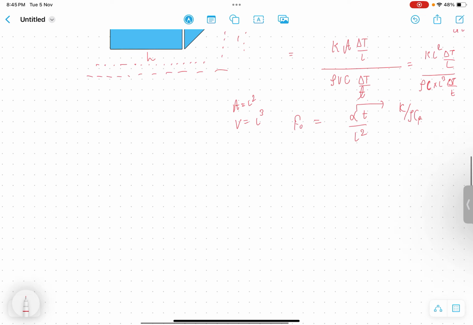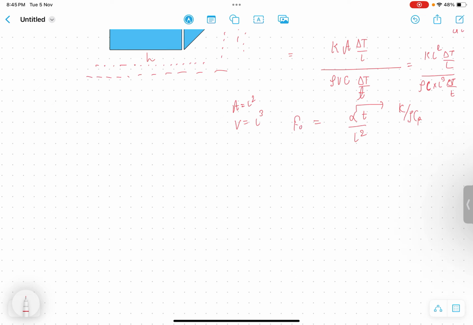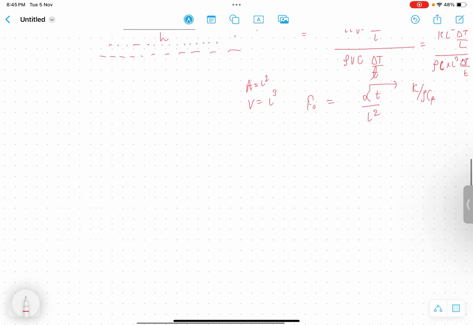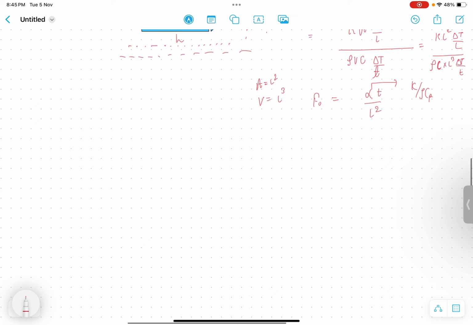Okay, so Fourier number represents in which body the heat transfer will take place faster or slower. Okay, so it decides the thermal response of the body.